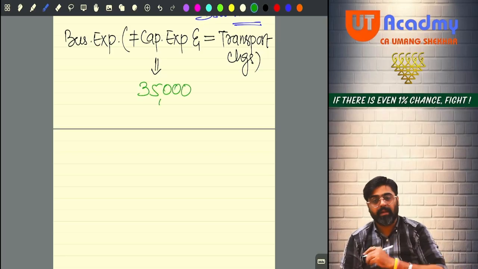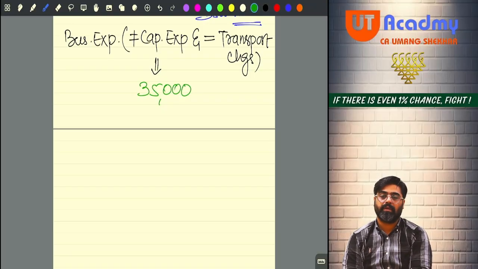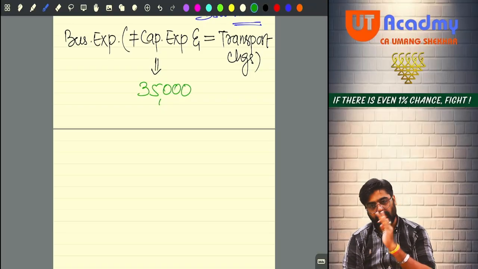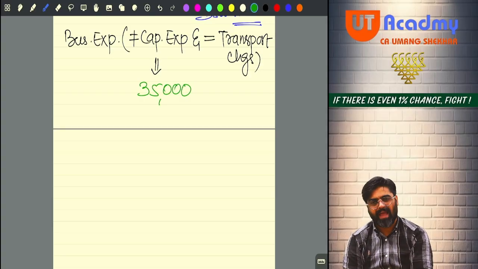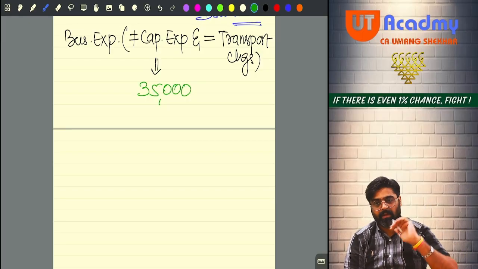Now tell me, payment by way of cash of 35,000 or less, by any mode, cash or other than cash, is allowed, no problem. But if the payment made is 40,000, is it more than 35,000? Yes. If that 40,000 is paid by prescribed mode, then it will be allowed.